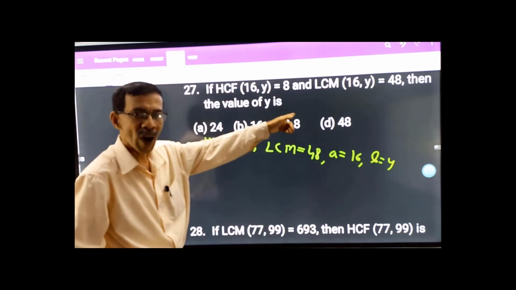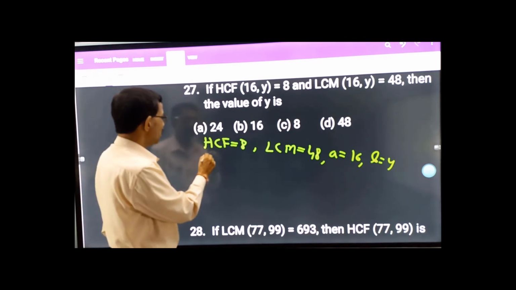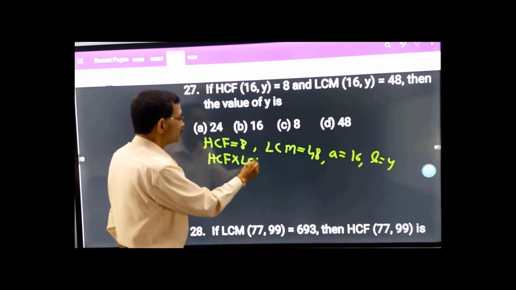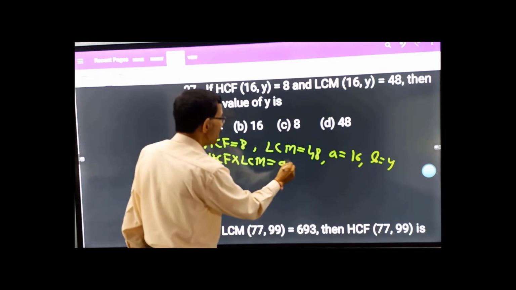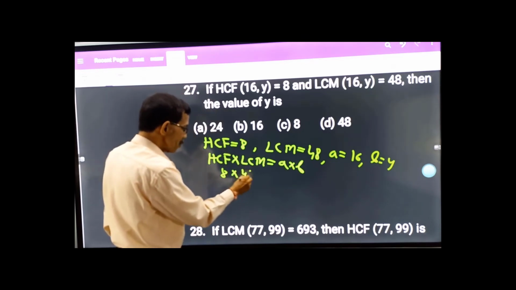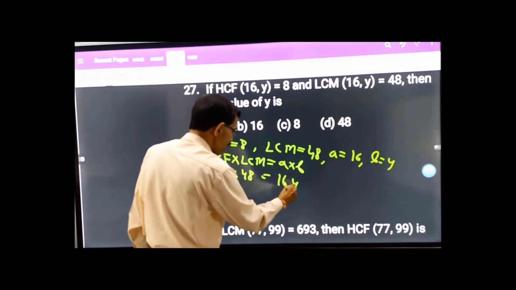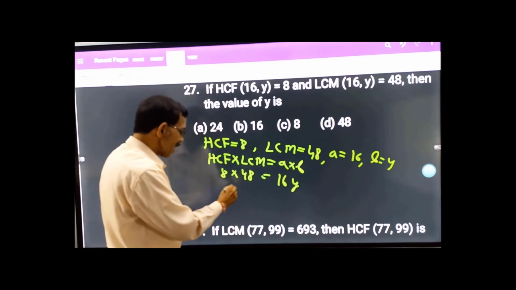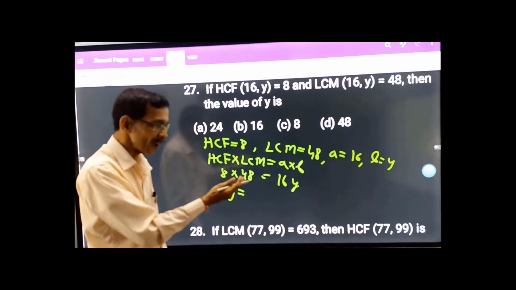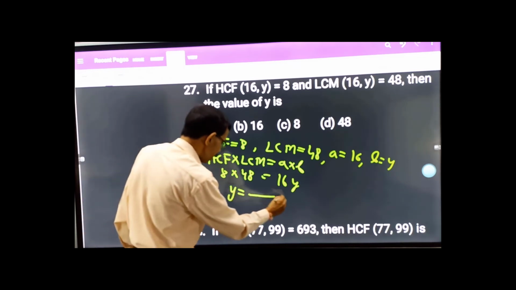The value of Y is, so for that I will write the formula. It is like this: HCF into LCM is equal to A into B. Now this is 8 multiplied by 48, that is 16y. I will keep y on one side and transfer 16 to the other side, where it comes in the denominator.